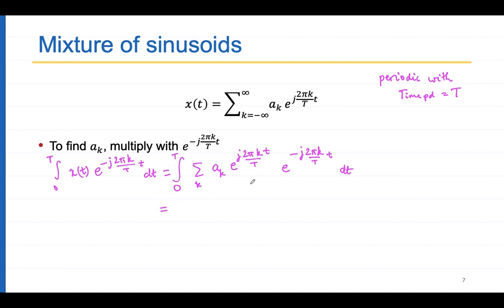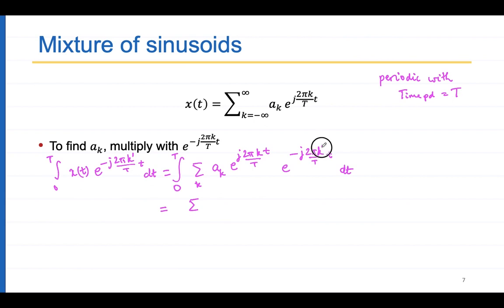So what does this become? I can see this clearly cancels out and it becomes a summation over k. I'm sorry, there is an overloading of notation here, so let me correct that. This was k, and I multiply this with some other k dash.